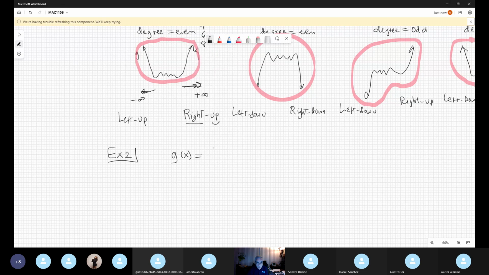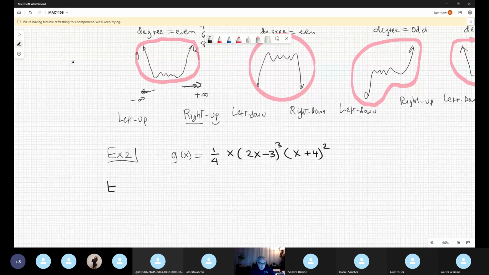It is 1/4 x (2x minus 3) cubic and (x plus 4) squared. And the question is: find the end behavior expression of that function g.